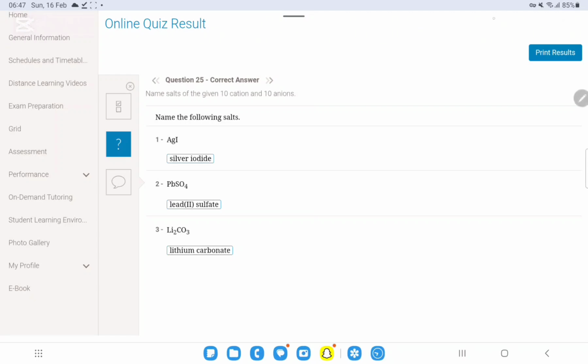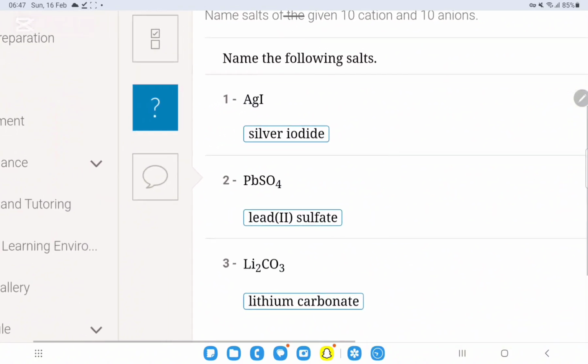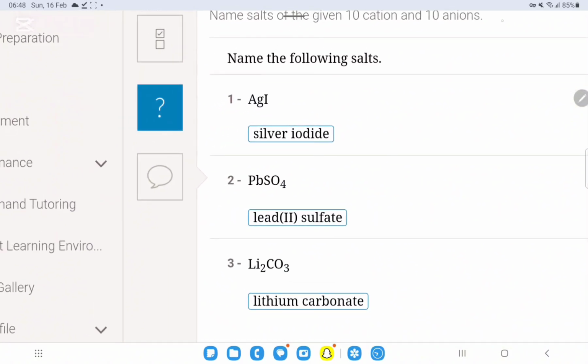But anyways, part A, AgI. Here, capital A, small g, and capital I. So the I is a different element by itself. Ag is silver. You can get it from the periodic table. They give it to you in the exam hall. And I is iodine.